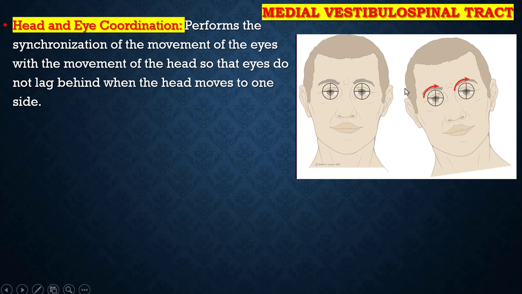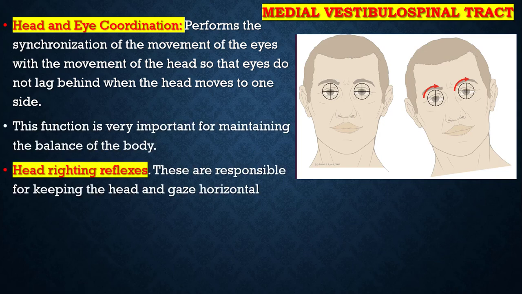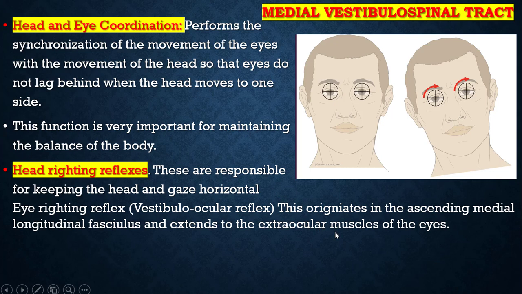This function is very important for maintaining the balance of the body. Head righting reflex: these are responsible for keeping the head and gaze horizontal. Eye righting reflex, vestibulo-ocular reflex: this originates in the ascending medial longitudinal fasciculus and extends to the extraocular muscles of the eye.